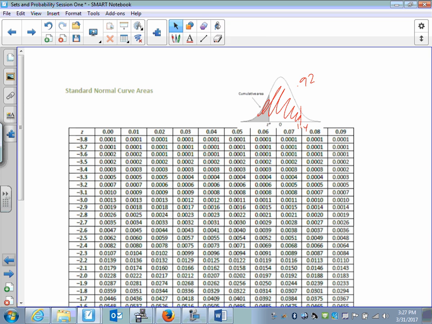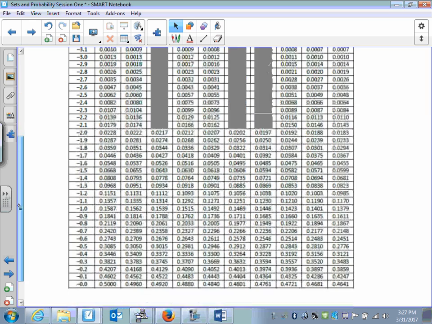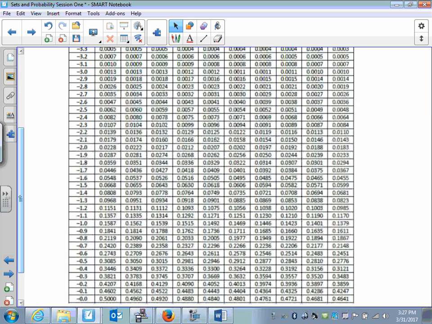So the area to the left of that, all of this area here, is 0.9192. Now, if we look at negative 1.8, that's on this page here, negative 1.8, and again, that's negative 1.80. Let's use the green here. Negative 1.8 is 0.0359.